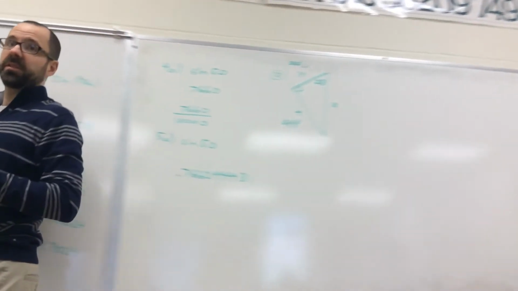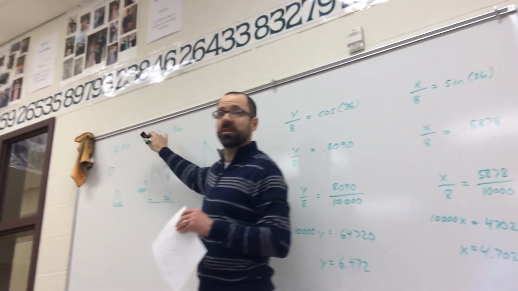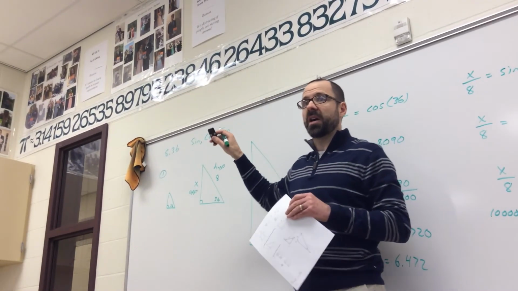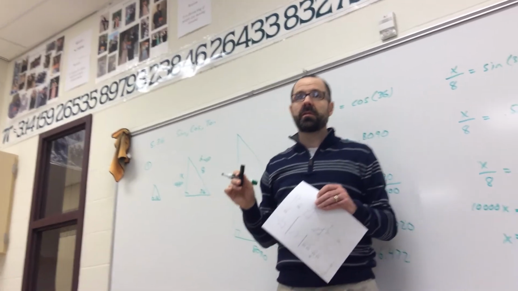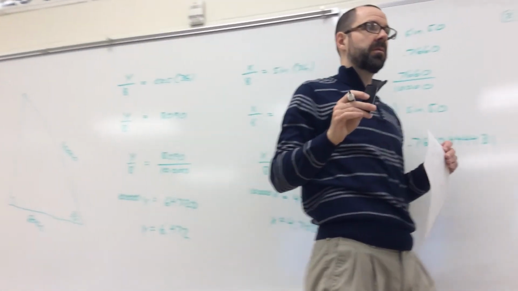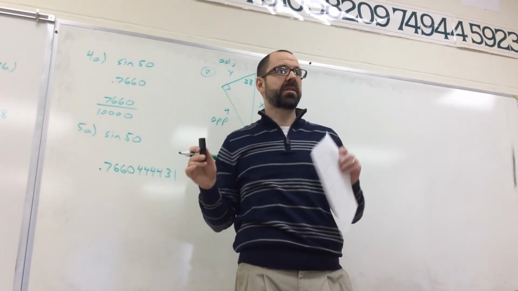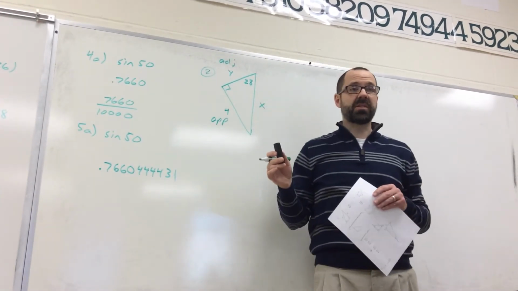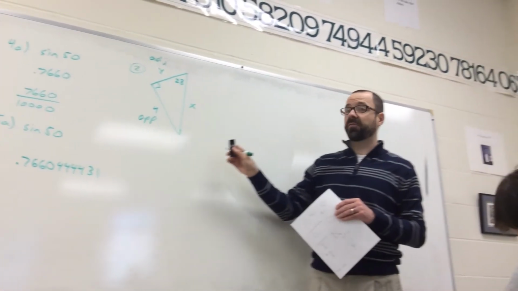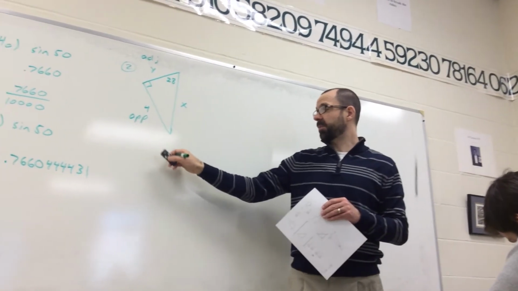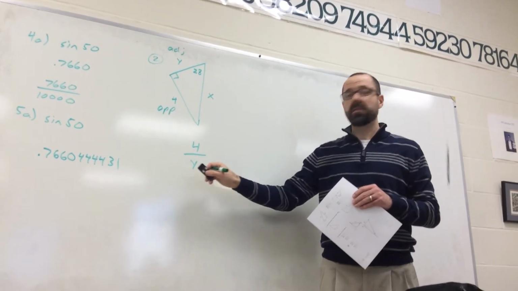So which one of these, sine, cosine, or tangent, which one of those is opposite and adjacent? Probably don't remember. It's okay. You can look on your note card. Yeah, Alex? It's the tangent that's opposite and adjacent. Okay, so we're going to make the fraction opposite over adjacent.